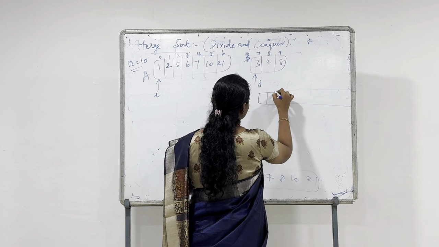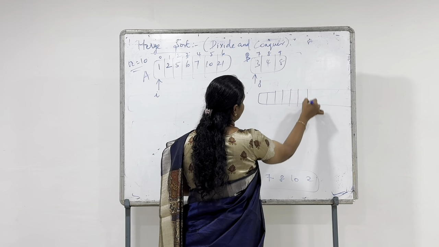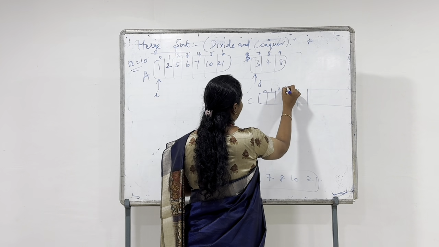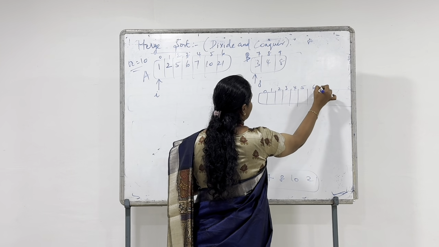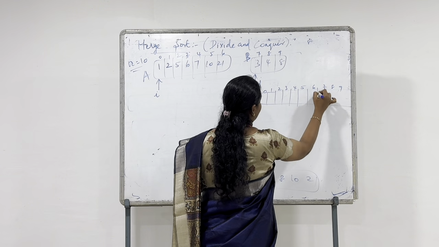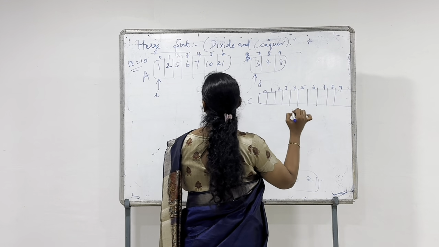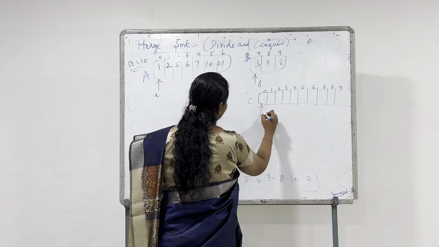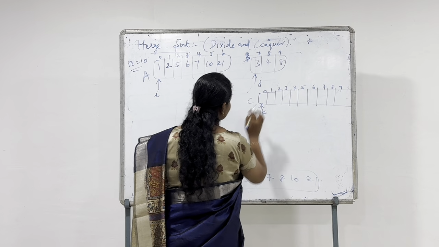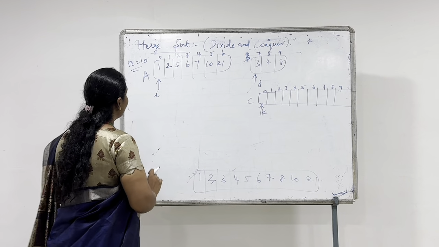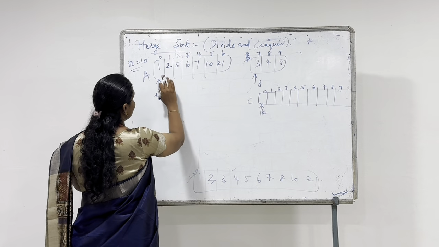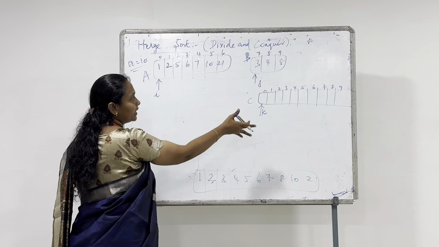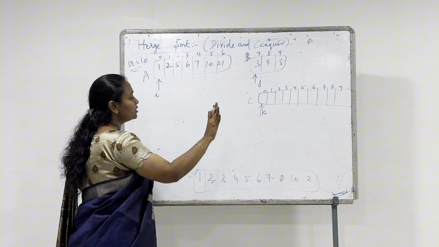The C array is the resultant array. Here I am going to use an index pointer, pointing to index 0. Now do the comparison. This is one sorted array, this is another sorted array. We are going to merge these two sorted arrays and finally get the final sorted array.